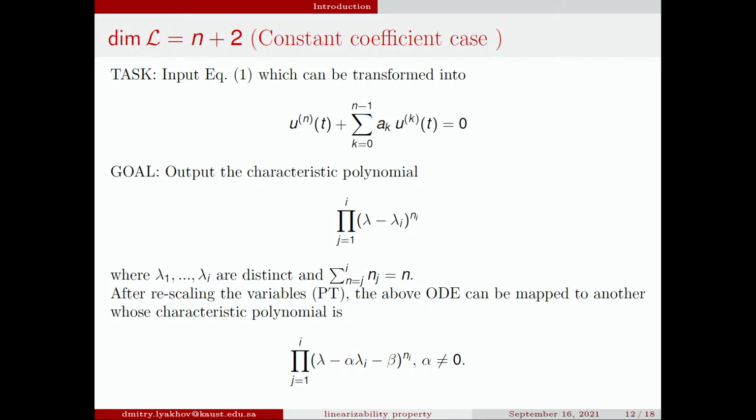Compared to the old one, the new characteristic polynomial is just a scaling and translation of the old roots, and they still share the same multiplicity. Which means no matter which polynomial we give as the output, all of these results are equivalent up to some point transformation.